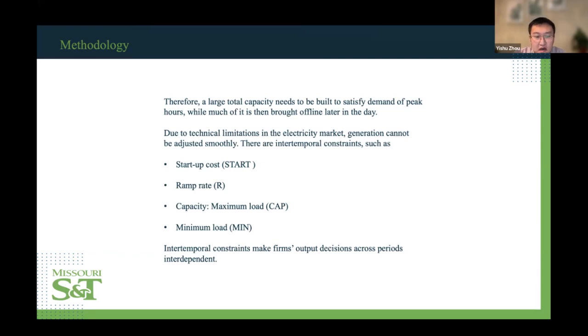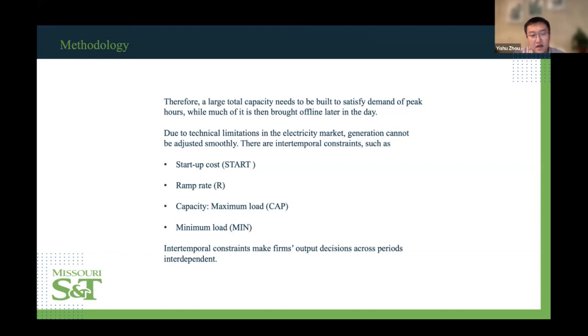But due to current technical limitations, there are constraints when we do that, so-called intertemporal constraints. For example, the startup cost, which is usually measured in the fuel wasted when we ramp up the power plant to full speed. And also the ramp rate, which is the maximum amount of change possible during an hour.